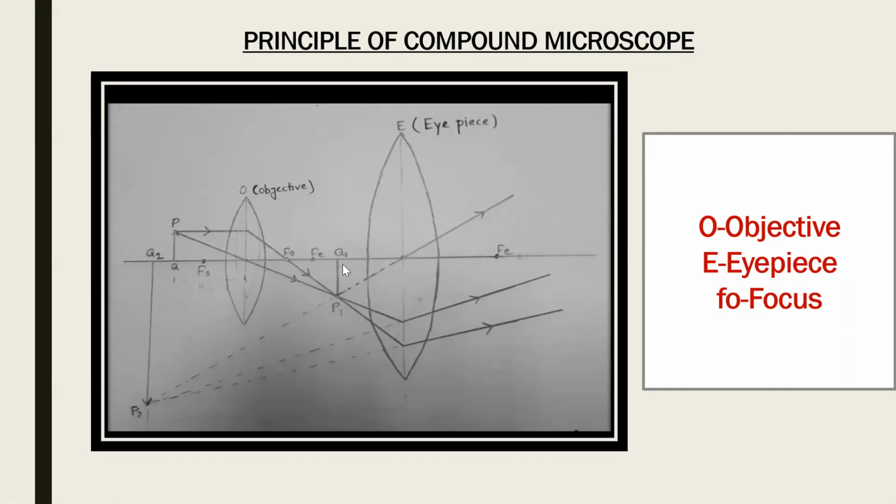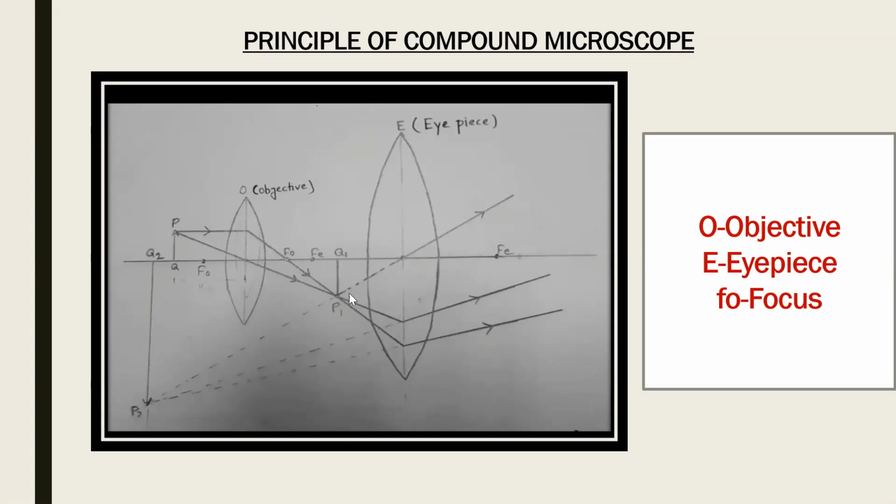What will happen to the image if the object is kept between the focal length and the optic center, that is, in front of the focal length? What will be the nature of the image formed? Yesterday we saw the image formed by a convex lens, right? If you keep the object between the principal focus and the optic center, you will get a magnified image which is virtual, because from this object we consider three light rays.